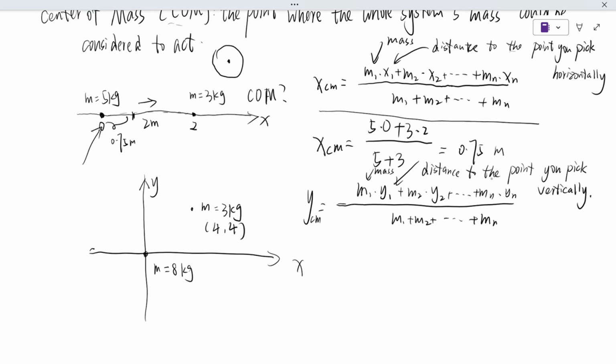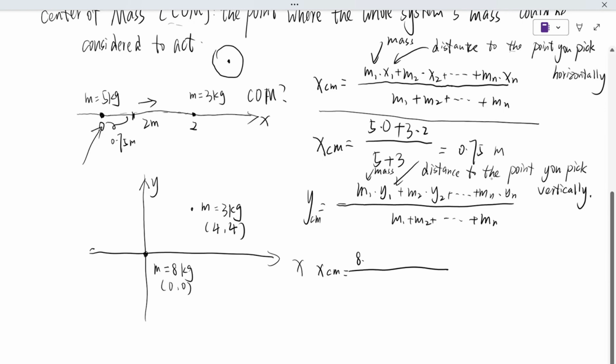So let's just plug in the formula. For x, what is the mass for the first object? It is 8 kilograms. Usually I will pick the point of one of the objects, so I'll pick the rock with a mass of 8 kilograms, which is at the origin, 0, 0.